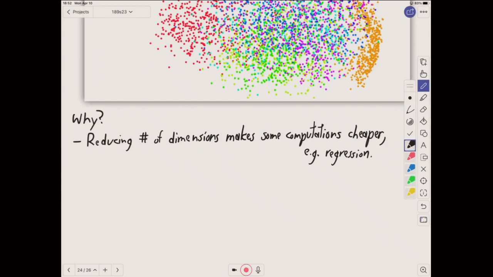So if I have points in 800 dimensional space and I reduce them to 40 dimensions, I've reduced their length by a factor of 20, and maybe my code for regression will run 20 times faster. That's pretty good.